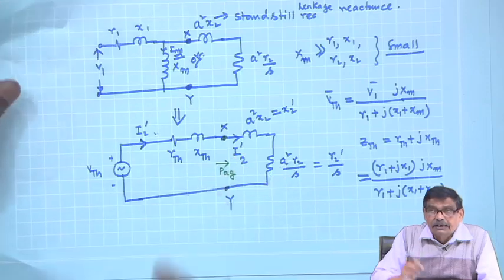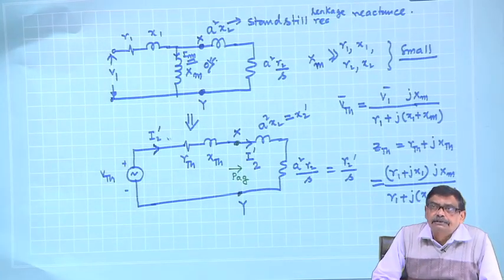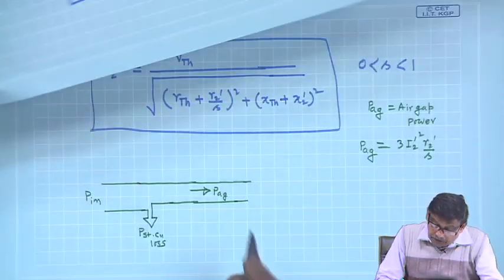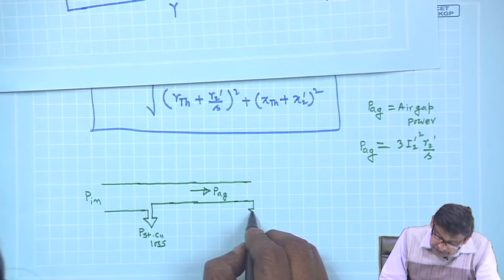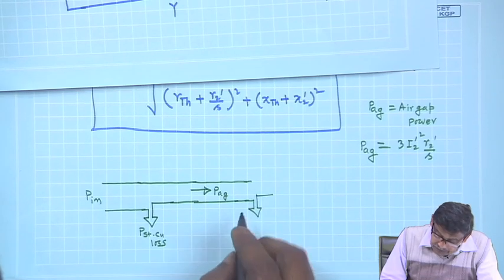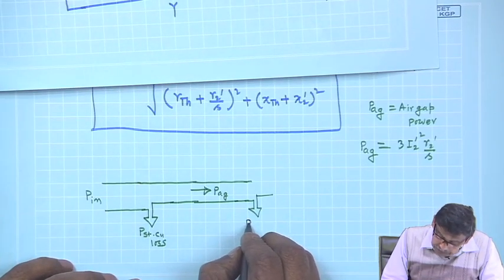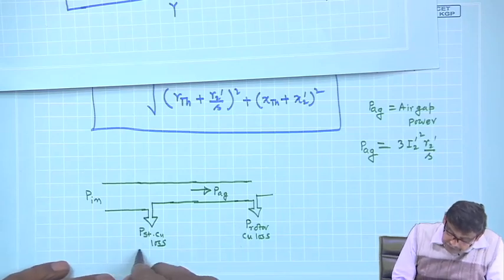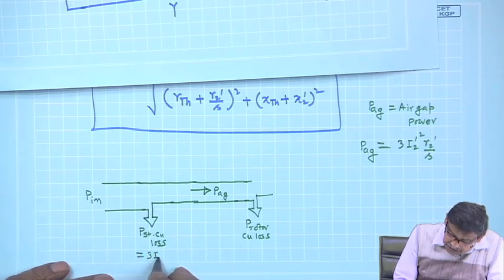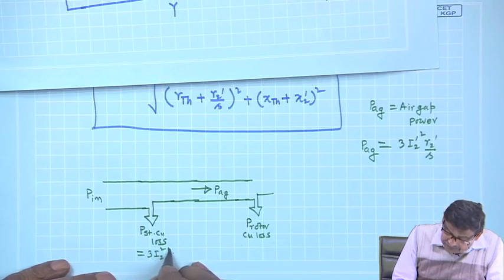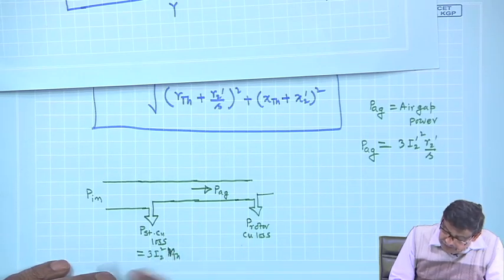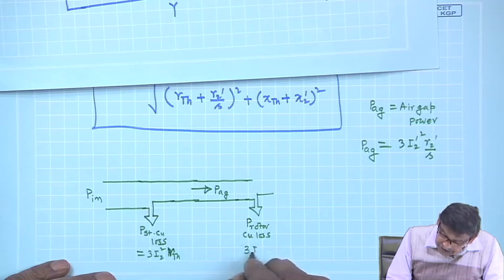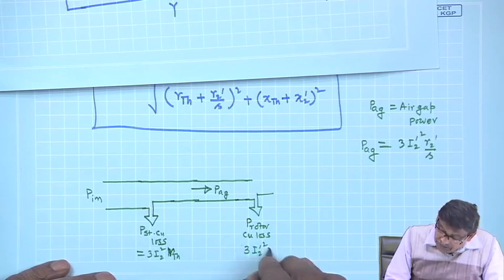But I know the winding has some physical resistance R 2 dash, and there will be power loss. So, from this you subtract the rotor copper loss, P rotor copper loss. What will be that value? It should be 3 I 2 dash squared into R 2 dash.